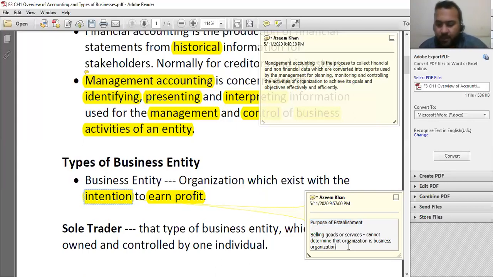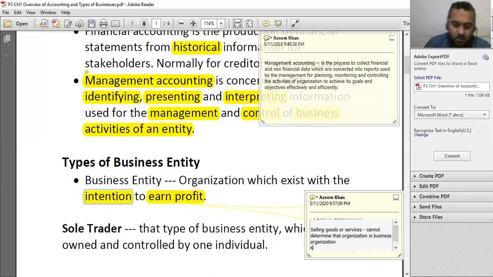I'm giving another example now. Modern charities, modern NGOs, what are they doing? They also have some scope of activities in which they provide services or goods for revenue.